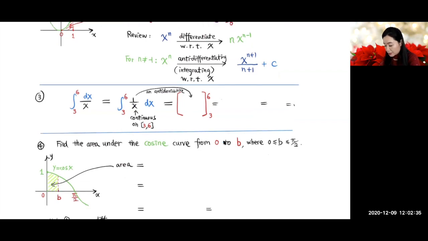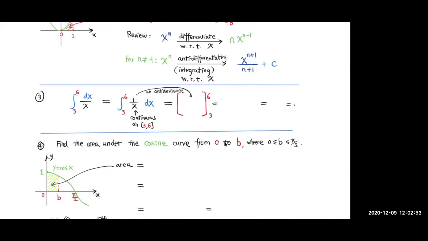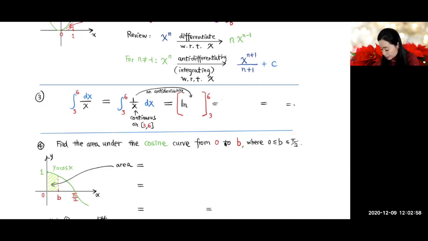Okay, let's try this. This integral here goes from 3 to 6. So let's find an antiderivative of this function. What's an antiderivative of 1 over x? ln, that's your log, absolute value of x. Yes, very good. And you remember the absolute value. That's great, you need the absolute value. Now we just need to substitute the upper and lower limit in.